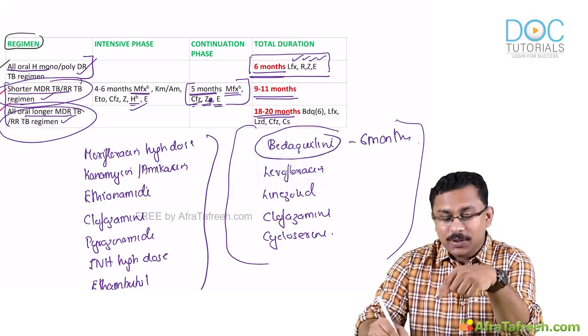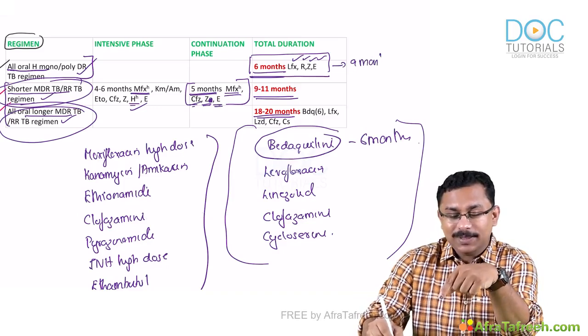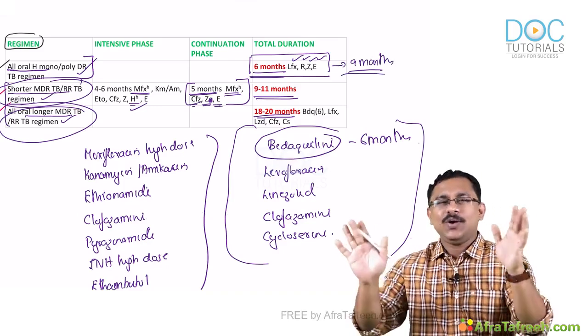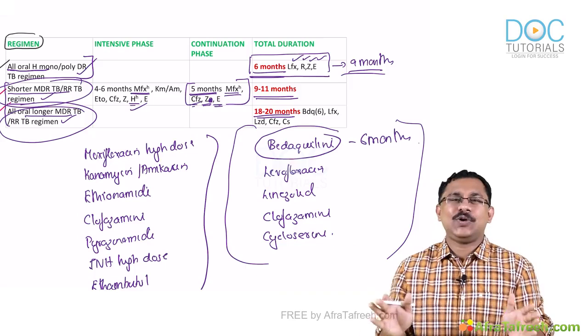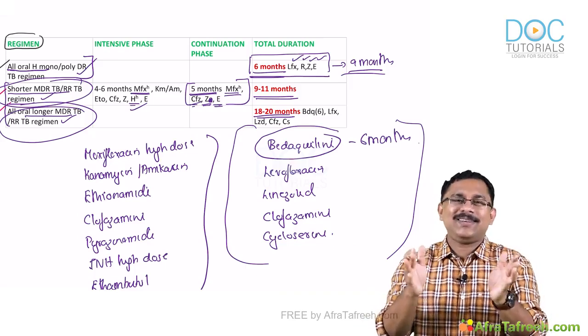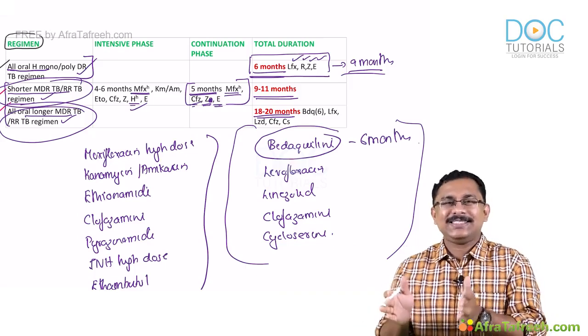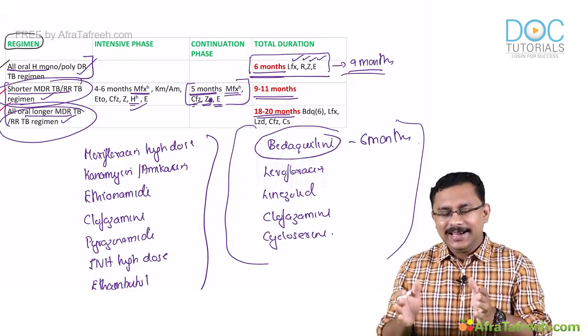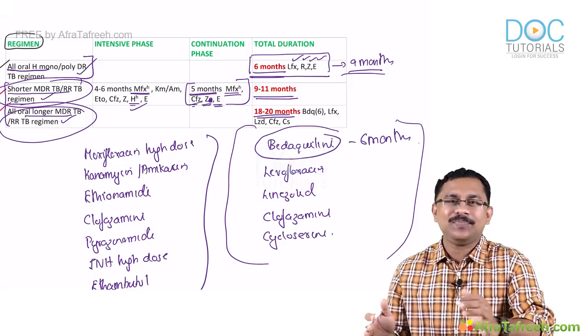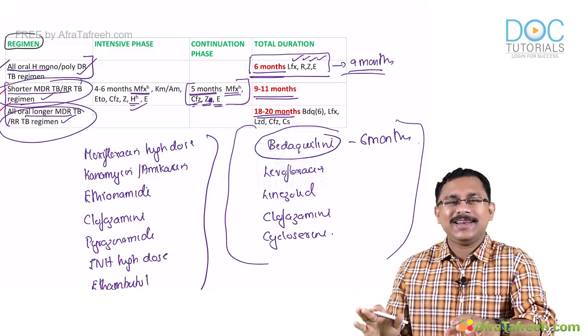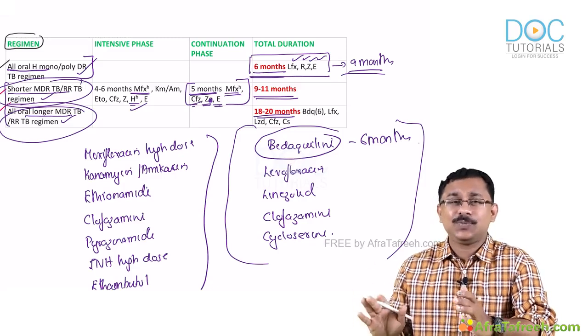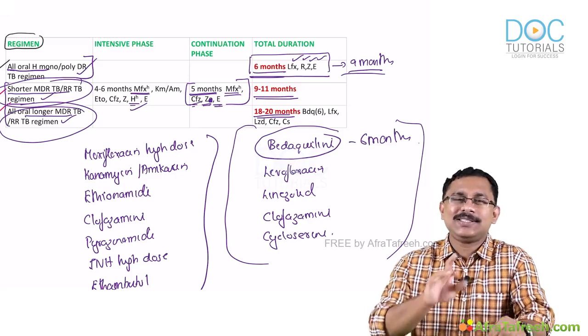In that case, the total duration may be extended to 9 months. You need not know that much, but at least you should know how the treatment is done in the drug resistant group. And here again, it is a daily dose that is given. I hope this part on the management of drug resistant tuberculosis is very clear to you.